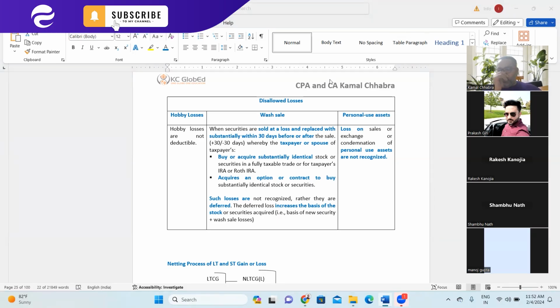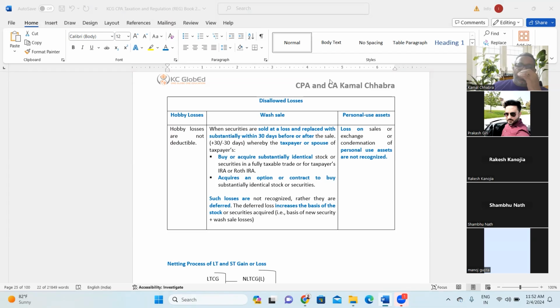Yeah, very practical question, Rakesh. For example, let's continue with the same example of Tesla. You have purchased 10 shares of Tesla for $100 each, let's assume, on 1st January 2023. At that point of time, the face value of the share is, let's assume, $10 each.